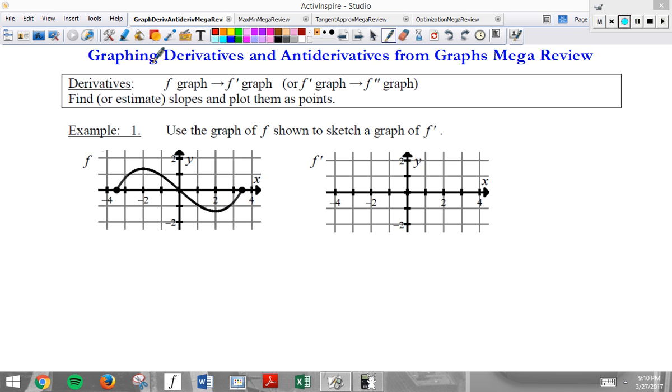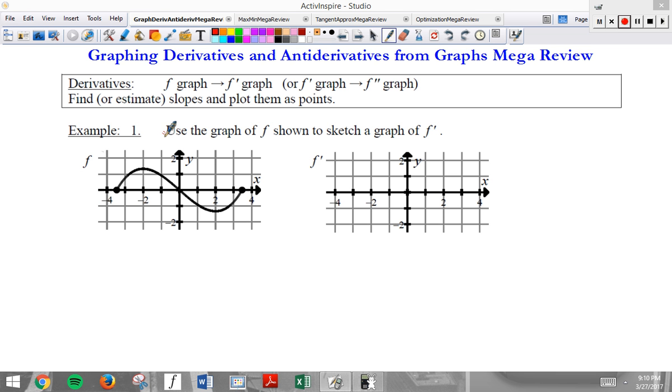So, when I'm going to graph the derivative of a graph, which is the f prime graph if I'm starting with f, or the f double prime graph if I'm starting from f prime, it's all about estimating the slope at a point.